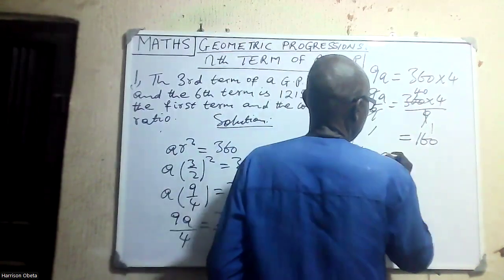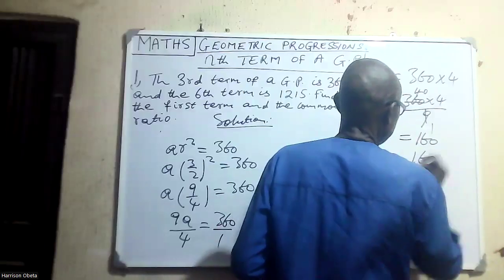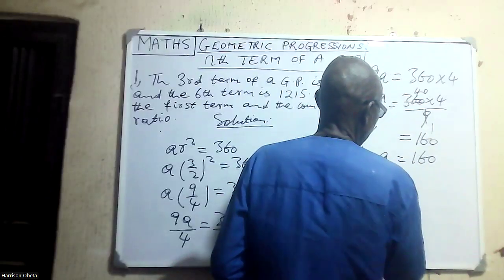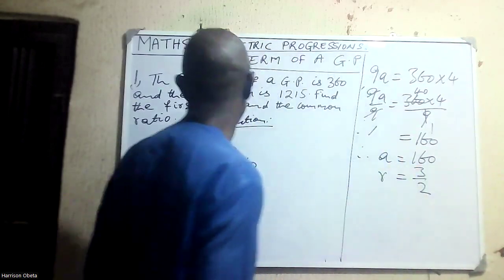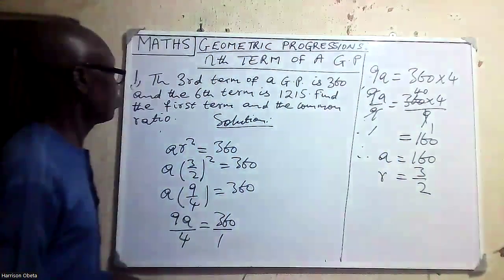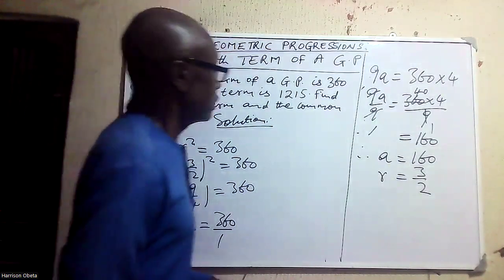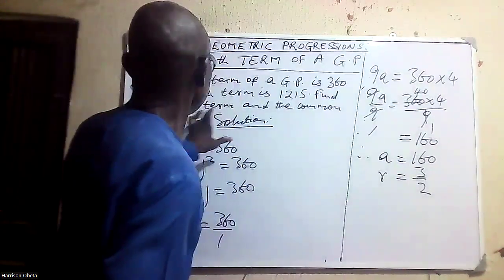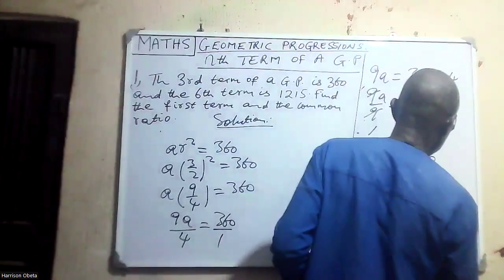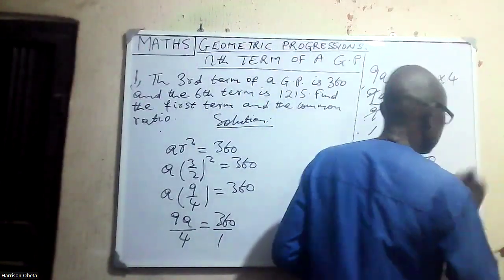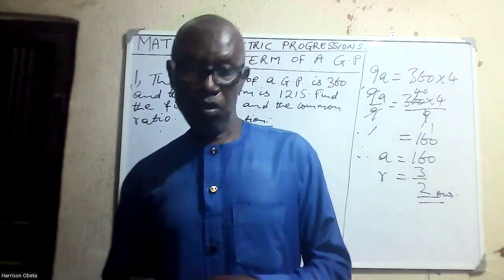Therefore, a is equal to 160, while r is equal to 3 over 2. So we have found the first term and the common ratio, and that's the answer to question number 1.